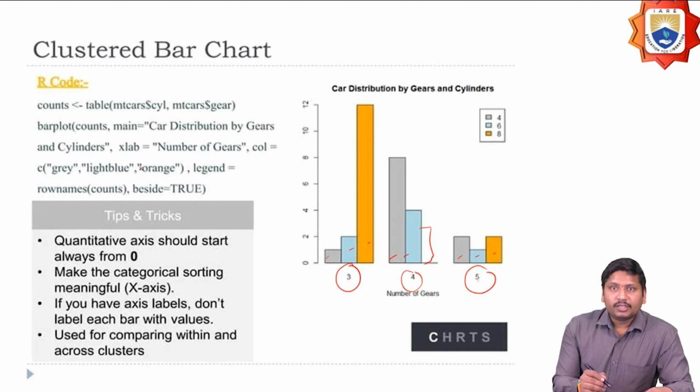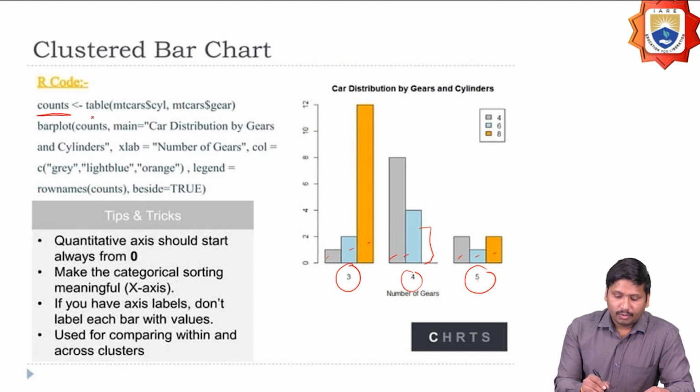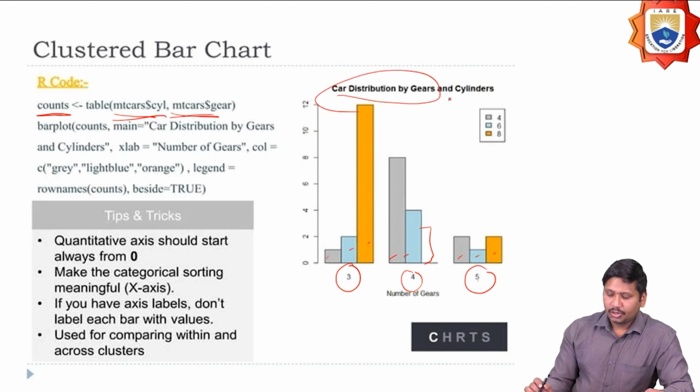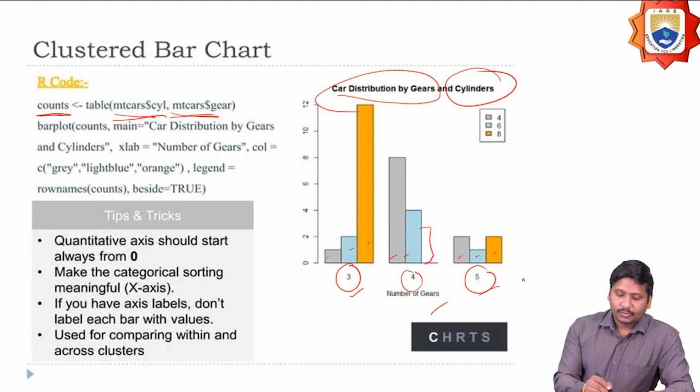For that, first write the counts here. Counts is the variable, and then the table function: mtcars$cyl and mtcars$gear. So the car distribution by gears, and then cylinders I'm going to show, and the number of gears here: the third gear, fourth gear, and then 5 gears.